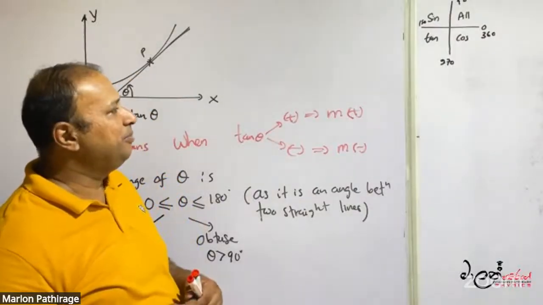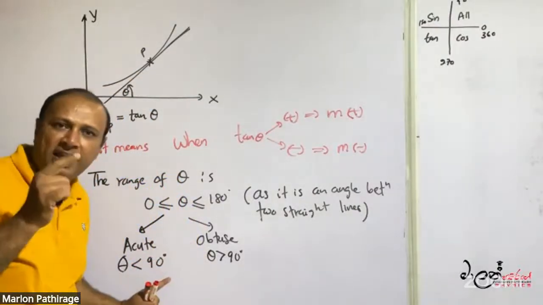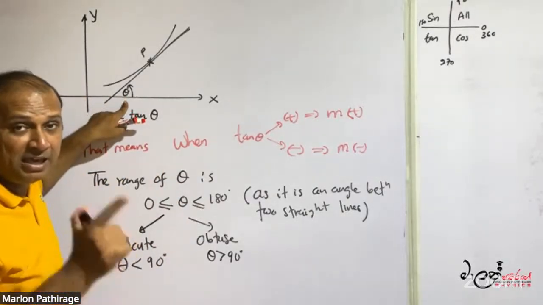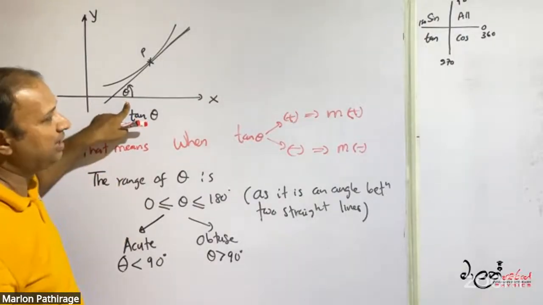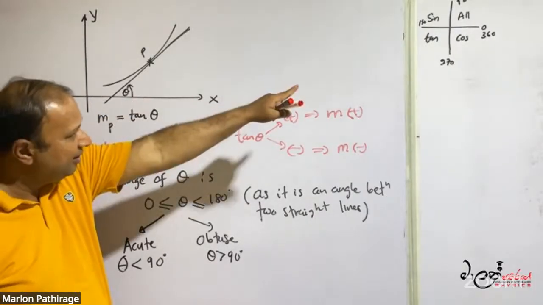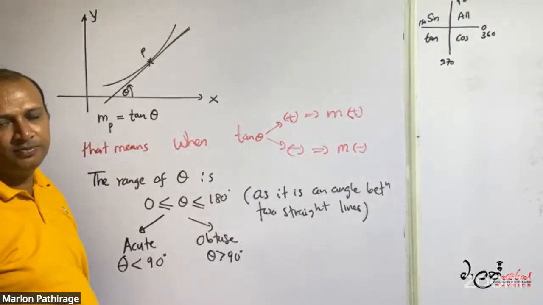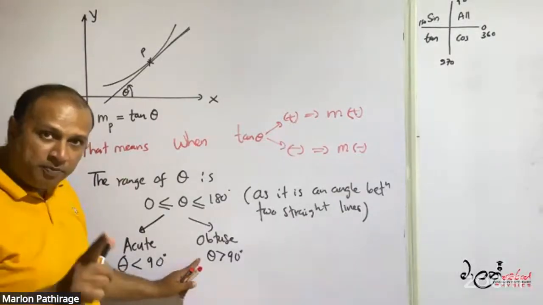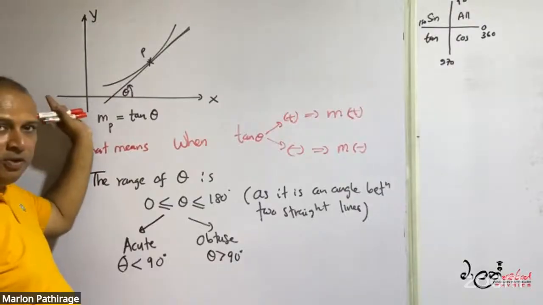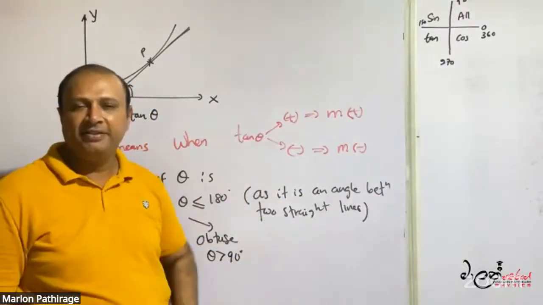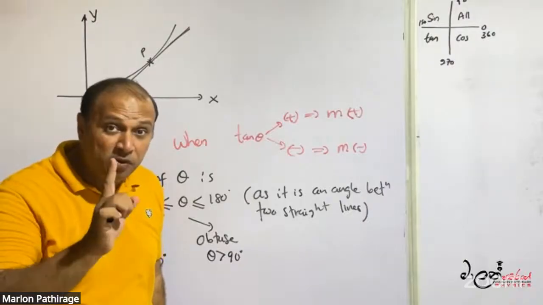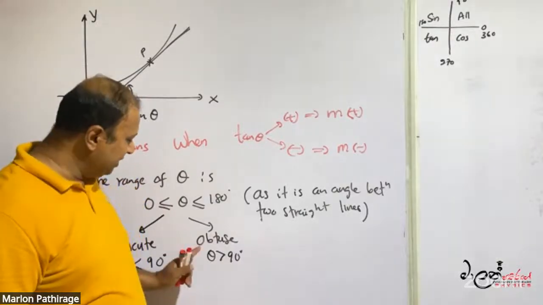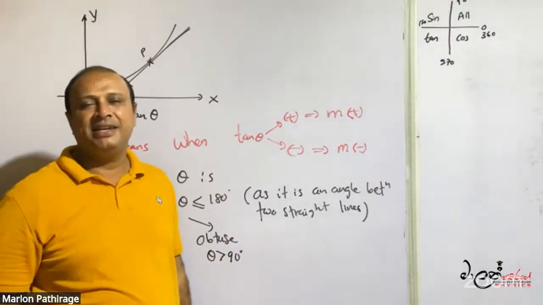And that means if this angle is an acute angle, tan theta is positive. If this angle is an obtuse angle, what is the sign of tan value?